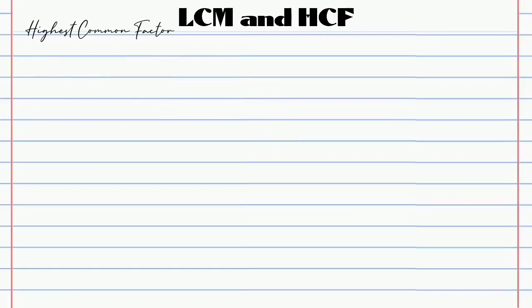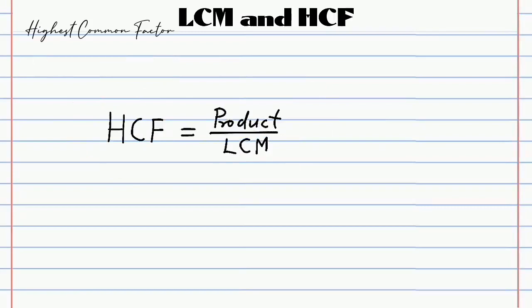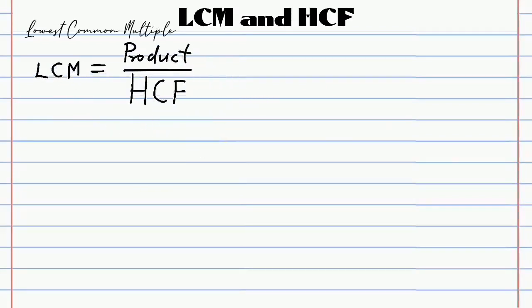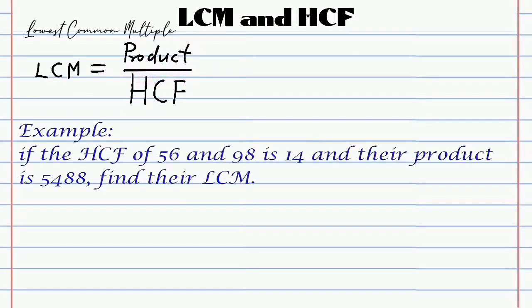That's our final answer. You should always remember this formula because we could also use it to find the LCM of numbers if we know the HCF already, or if the HCF is given. Because LCM is equal to the product all divided by the HCF. Let's solve some few examples with this formula.